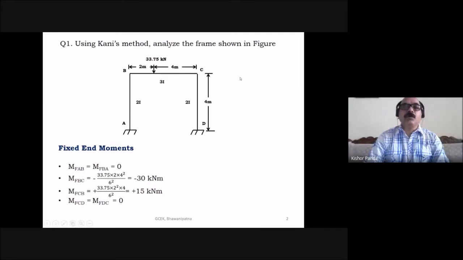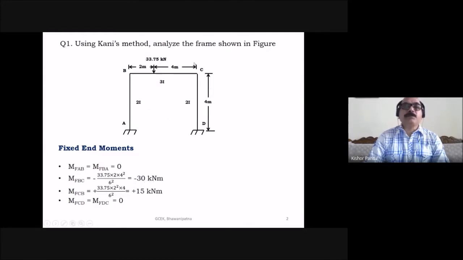W is your load and a is this distance, and b is this side distance. So A is your 2 meter and B is your 4 meter and L is 6 meter. Here minus 33.75 into 2 into 4 square by 6 square. So this is equal to minus 30 kilonewton meter.